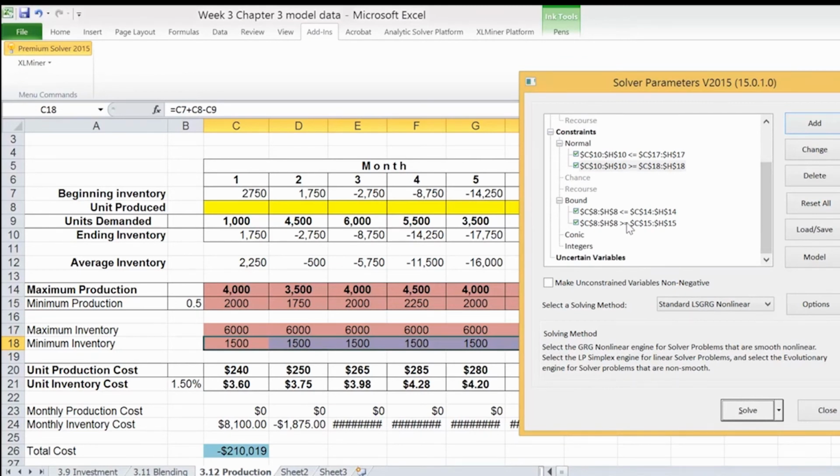So you probably have noticed that even though when we define the constraint, we just click constraint, add. Solver actually categorizes those constraints for us. And here we don't need to check this unconstrained variable, non-negative, because they are already bounded here.